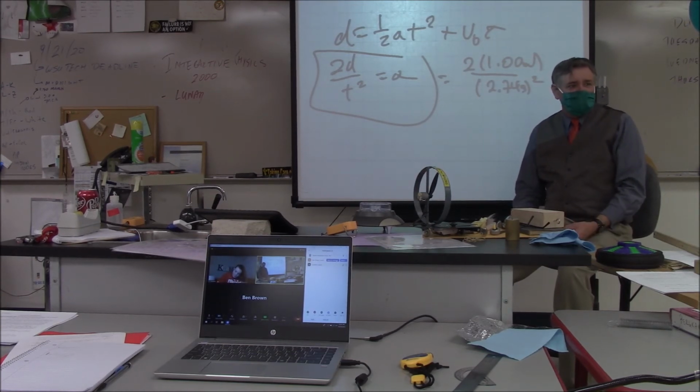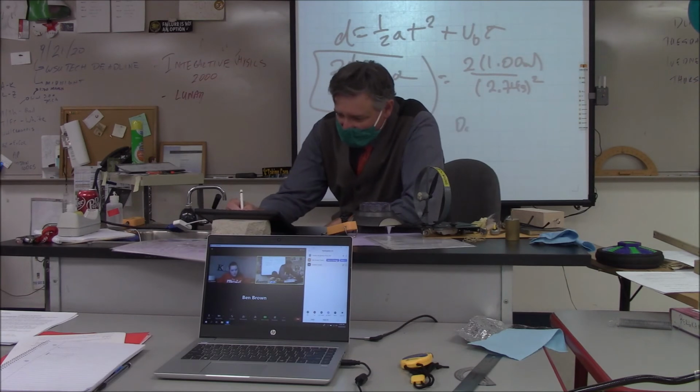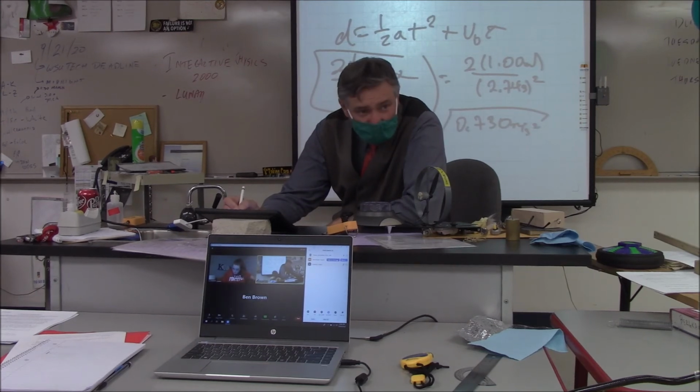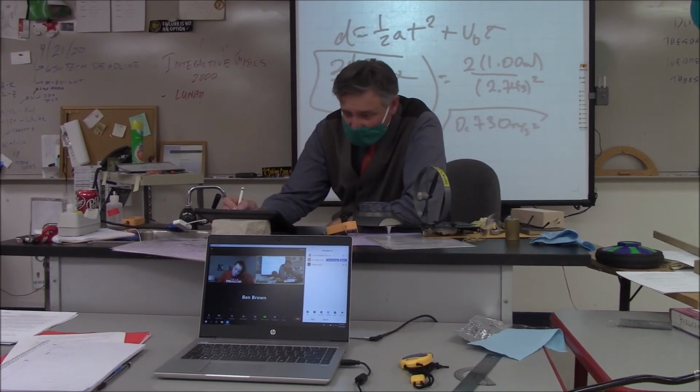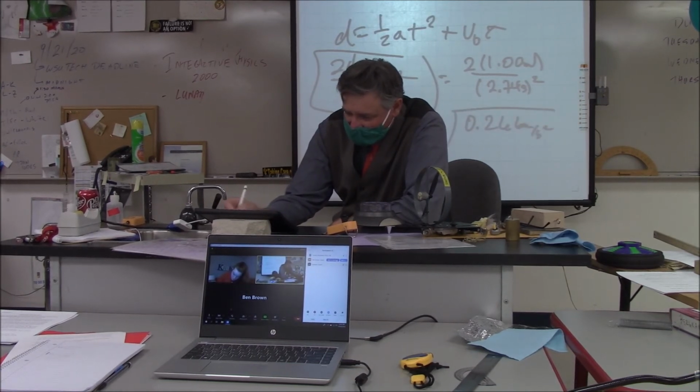Oh, come on, you can get a calculator. 0.730 meters per second squared. Oh, wait, no, I forgot to square it. Hold on. Okay, 0.266. Yeah, that's the right one. 0.266 meters per second squared.